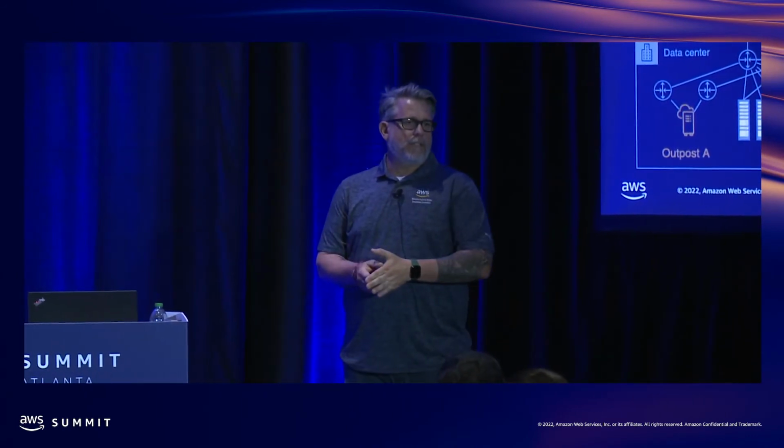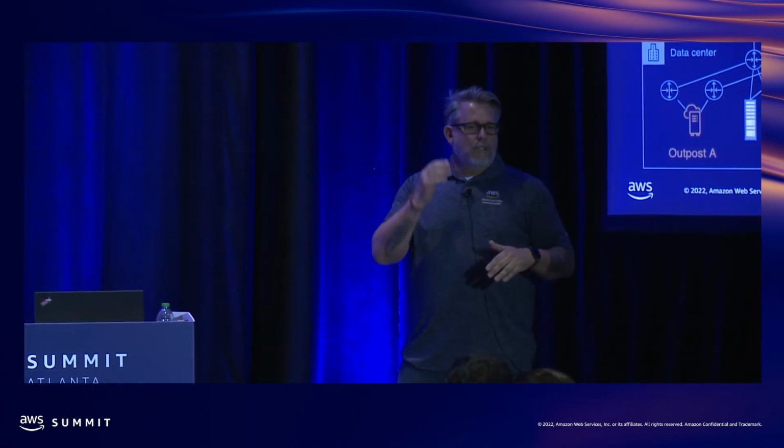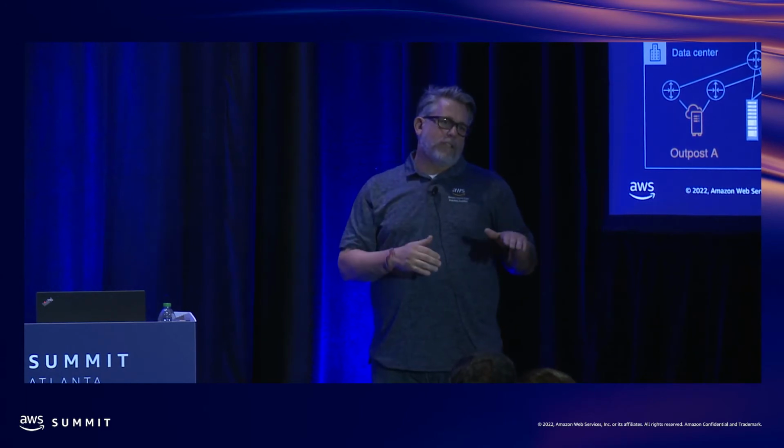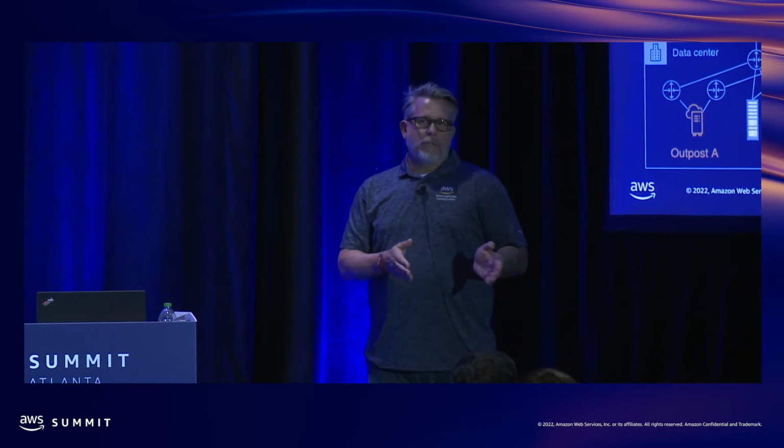Is there a timeline commitment based on the capacity of the storage and droplets and so on? So when you order an Outpost rack, those are your options, right? 1 year, 3 year, 5 year. It doesn't necessarily matter what your configuration is.